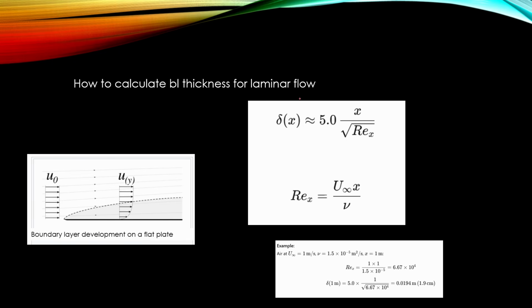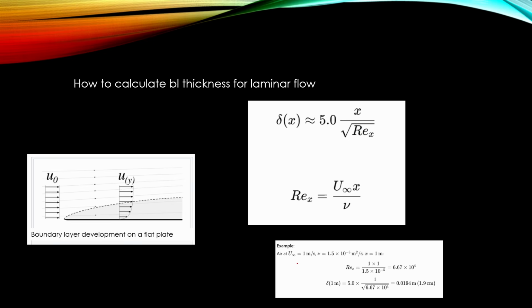To calculate the boundary layer thickness for laminar flow, we have a very simple function here. It's saying that the boundary layer thickness is proportional to the distance from the leading edge divided by the square root of the local Reynolds number.